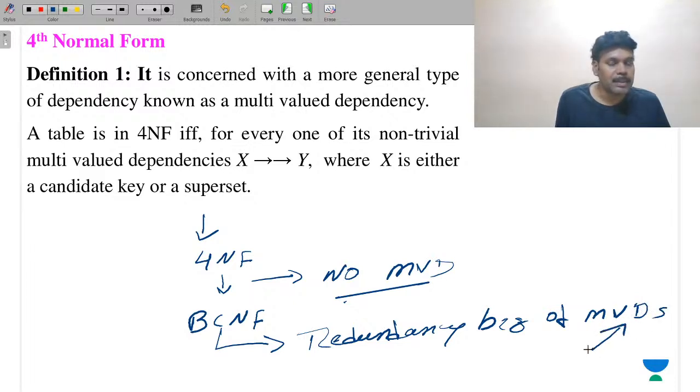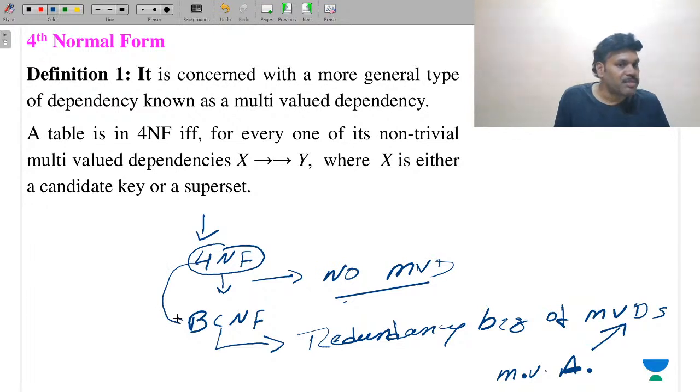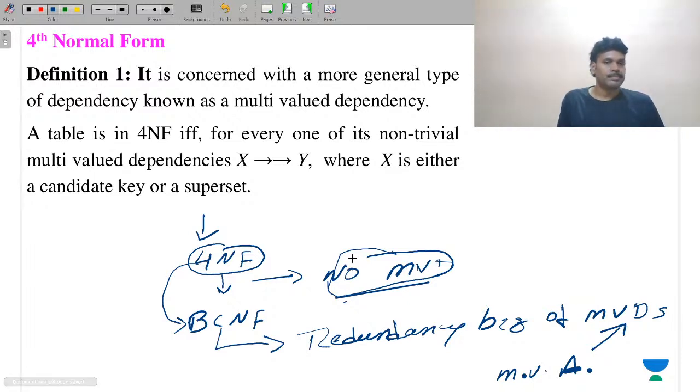These multi-valued dependencies come from multi-valued attributes. So what 4NF is saying: every 4NF is in BCNF without having multi-valued dependencies. Therefore, it is concerned with multi-valued dependency. No other normal form deals with multi-valued dependency except fourth normal form.